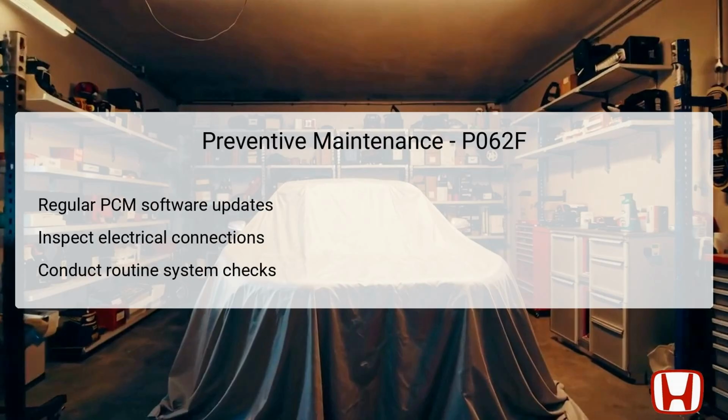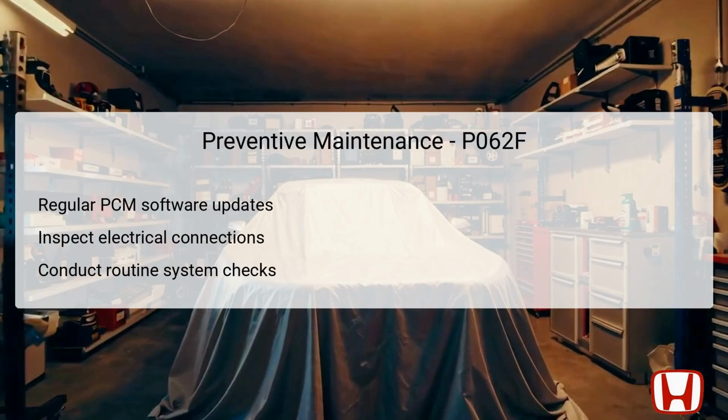Preventive maintenance plays a vital role in ensuring the longevity and proper functioning of the Powertrain Control Module and the entire vehicle system. Regular software updates are important as they can address known issues and improve the overall performance of the PCM. Technicians should also routinely inspect electrical connections, ensuring there are no frayed wires or corrosion that could hinder communication between the PCM and other vehicle components.